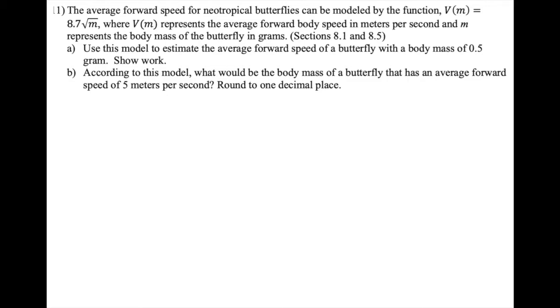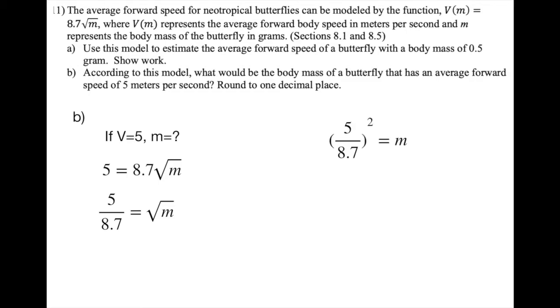For part B, what is the body mass of a butterfly that has an average forward speed of 5 meters per second? So V equal to 5. What is your M? Again, plug into your model. 5 equals 8.7 times square root of M. You divide by 8.7 on both sides, and then square on both sides to get M. So M would be 5 over 8.7 altogether squared.